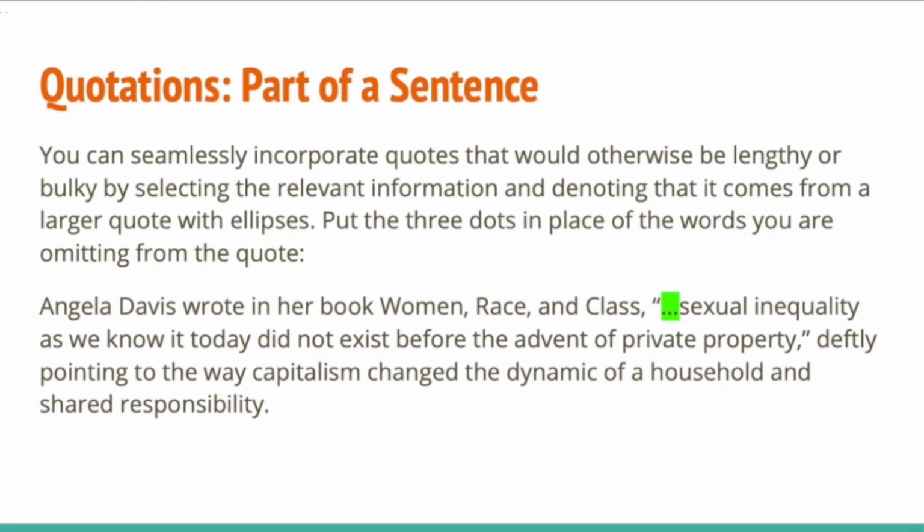We see this green box that's highlighting 3 dots or ellipses, ... sexual inequality as we know it today, etc. This is a way to cut off the previous part of the sentence so that you don't have to worry about changing the quote to misrepresent what Angela Davis is saying, but you also are able to edit it down to only the part that you want to include in your sentence to make sure it's not too long or too difficult for the reader to understand.